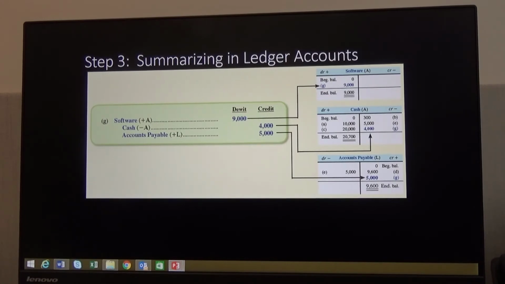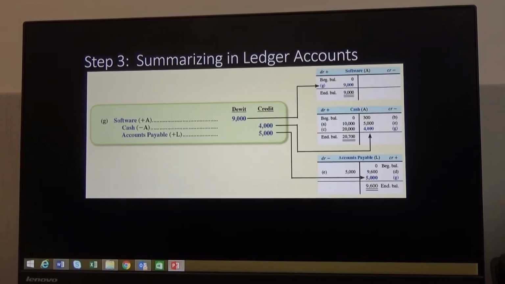And then you'll notice that when we post each transaction, we're going to label it with a letter. And so we aren't posting letters A, B, C, D, E, and F in this example, but we can see that somebody else already has posted those. And whatever transaction F was, it didn't affect the cash account or the software account or the accounts payable account.